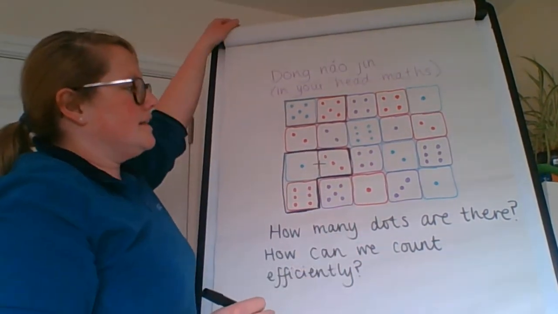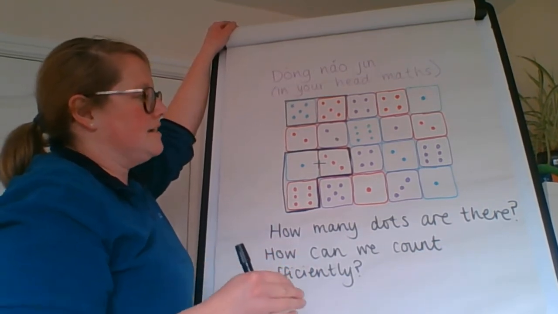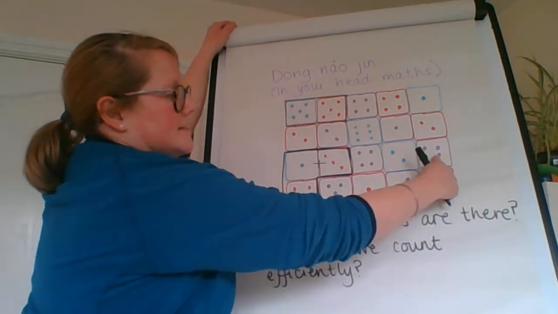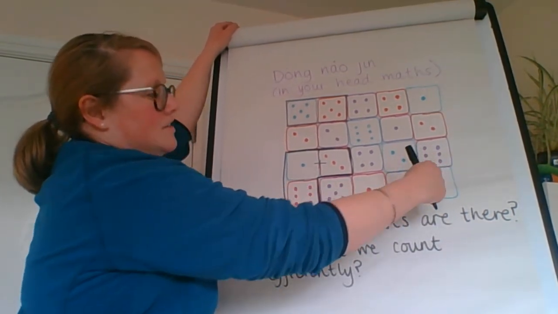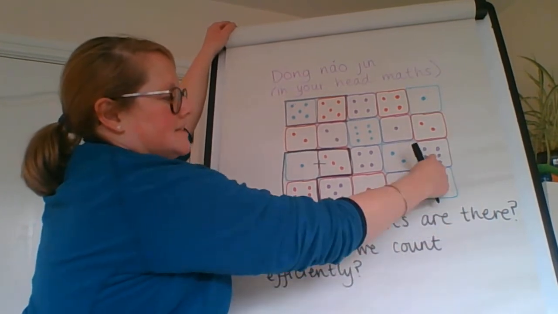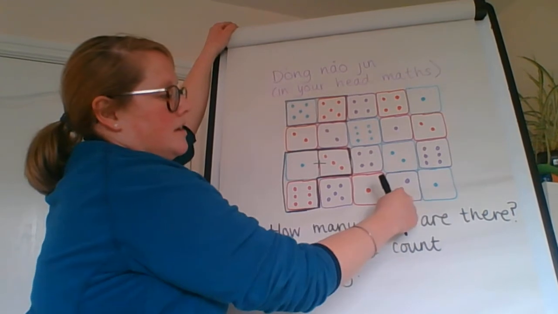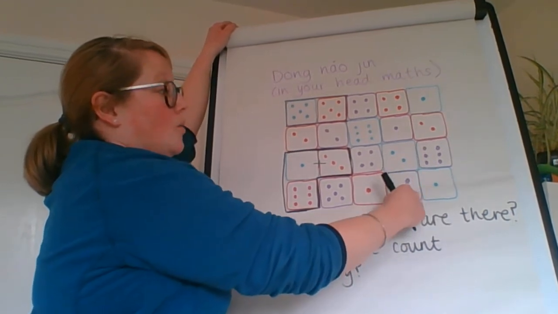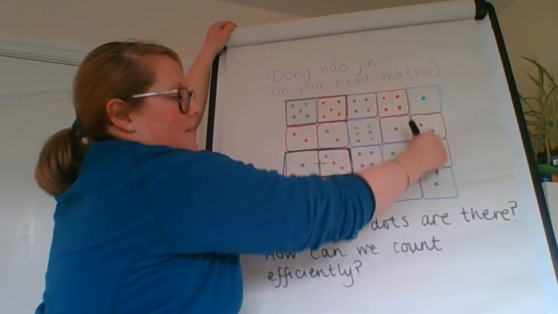Okay, the next place I'm going to look is I'm going to see if I can make another 10. I can see 6 here, and I know that 6 and 4 more again makes 10, and I can see a 6, a 1 and a 3 next to it. I could do a box around those 3, or I can see a 6, a 2 and a 2, so I could do a box around those 3.